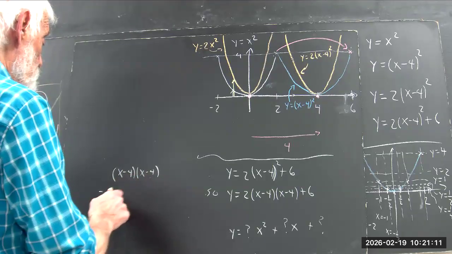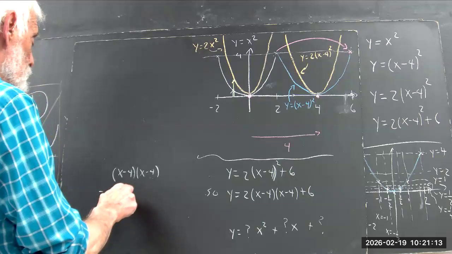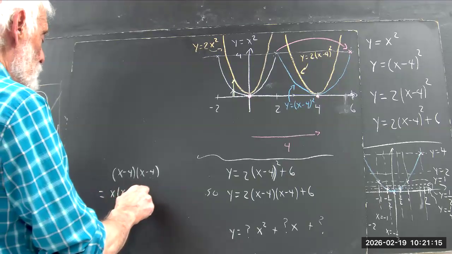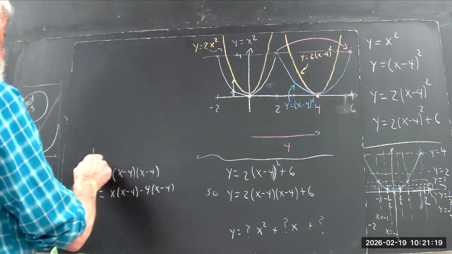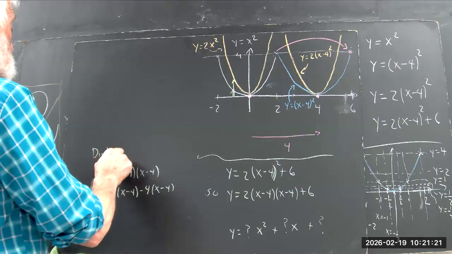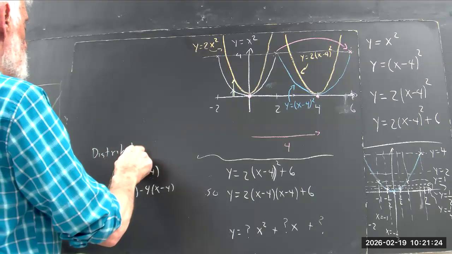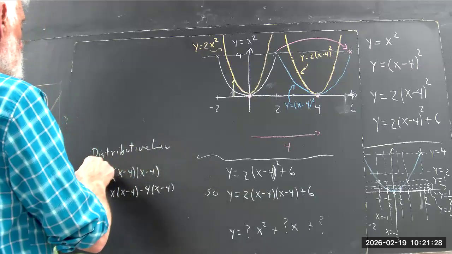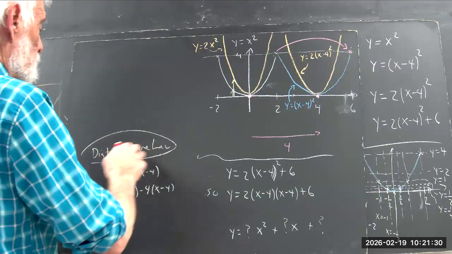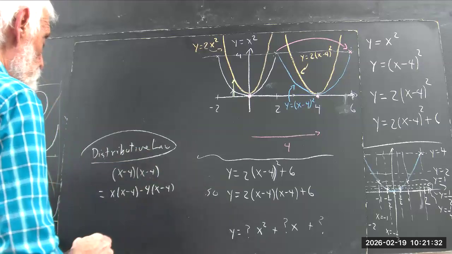So x minus 4 times x minus 4 is x times x minus 4 minus 4 times x minus 4. This is the distributive law.